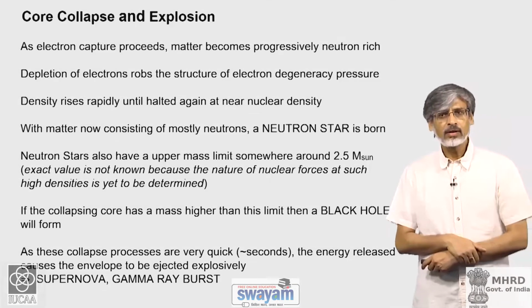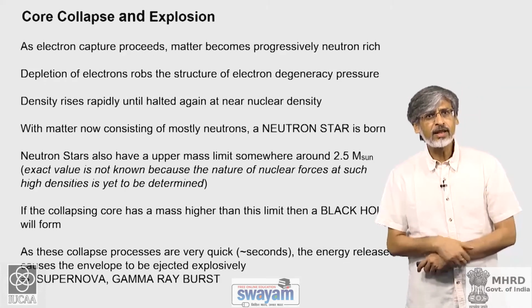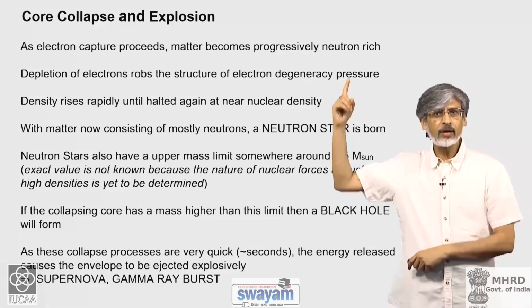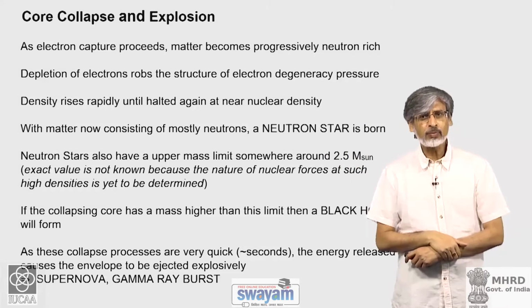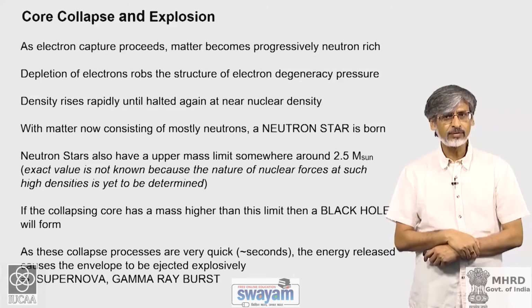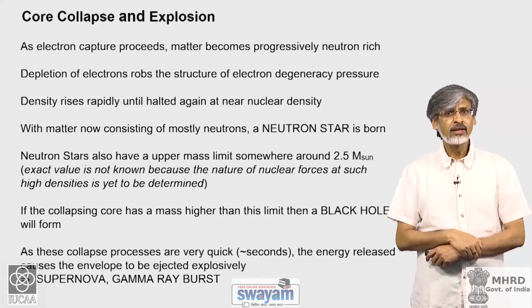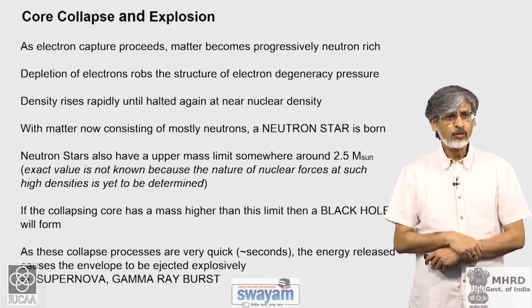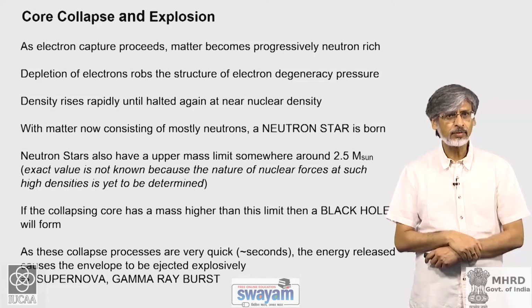So, now let us take a look at the consequence of this process. As the electron capture proceeds, the matter becomes progressively neutron rich. Remember, electrons were providing the degeneracy pressure which was holding up the star before the mass exceeded the Chandrasekhar limit. Once the collapse starts, the electron degeneracy pressure is still there, but electron capture removes electrons from the system and further depletes the electron degeneracy pressure.